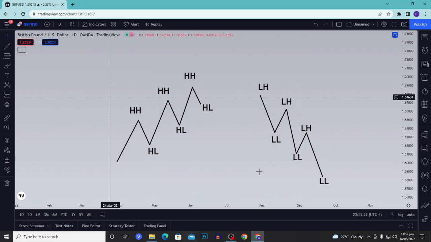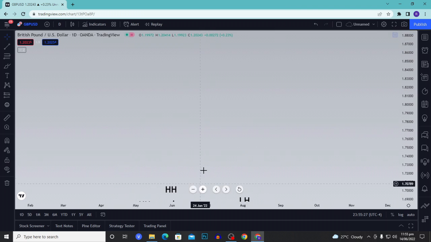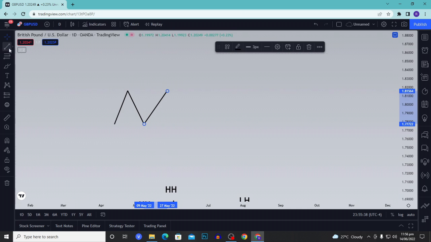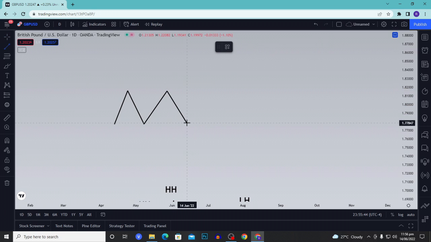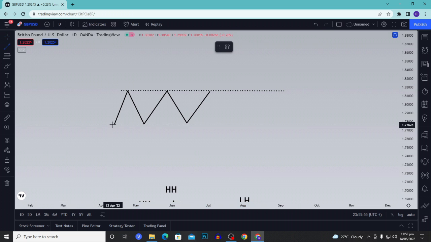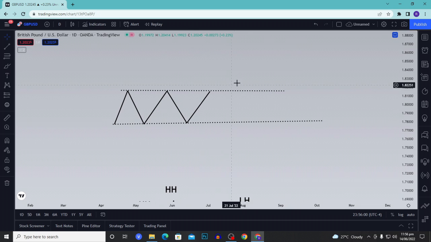So this is what you want, this is what you look for. And there's also a third one, which I like to call consolidation. It happens when price is neither going up nor coming down. It's moving side to side in a consolidation, something like this, where price is neither forming higher highs nor higher lows, just moving side to side.